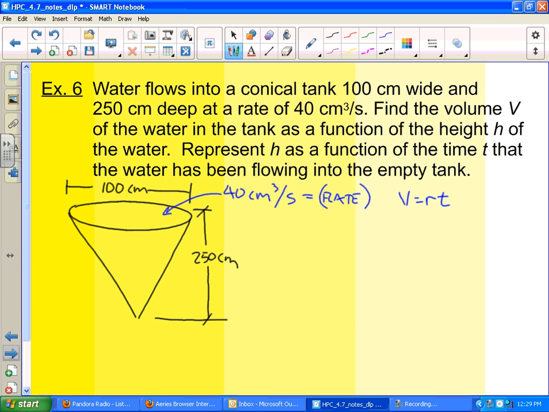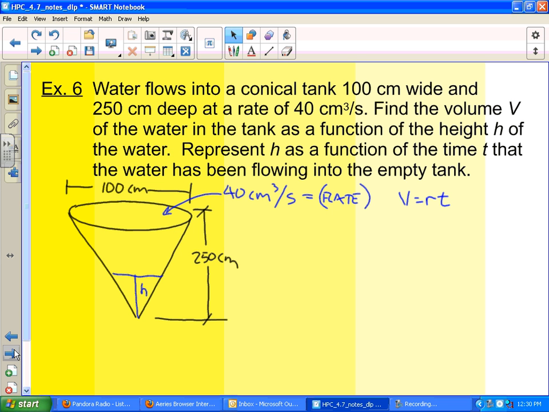So water's coming in here, and at some point in time, the water's there. And then as it keeps filling up, obviously the water level changes. So we've got this generic height of the water, we'll express this as h. But we already know that the tank is 250 centimeters.